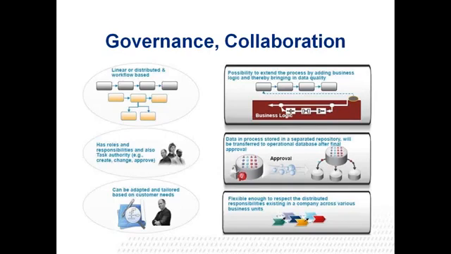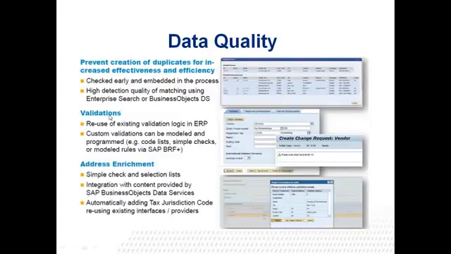So data quality. What are the data quality related things? Duplication check, validations wherever required, and address related enrichments, all of which we can perform in our MDG system. But in earlier versions like 6.1 and 7.0, we don't have any inbuilt duplication check.